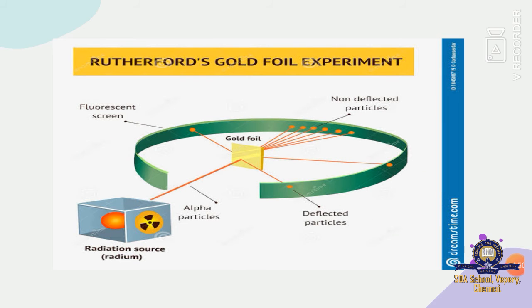Let us see what he observed in this experiment. Most of the alpha particles went straight through the foil. So here you can see most of the alpha particles went straight through the foil, and this shows that most of the atom is empty.